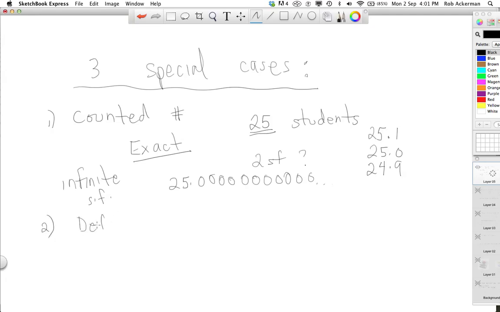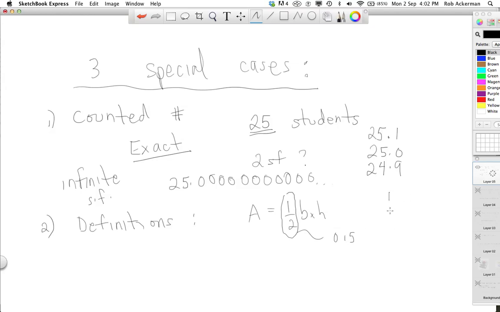Here's another example of an exact number. It's a number that I'll call a definition. For example, the formula for the area of a triangle is a half base times height. You plug in the base, you plug in the height, you multiply. These are measured numbers. They'll have significant figures, but does the 1/2, which is really 0.5, does it have one significant figure?